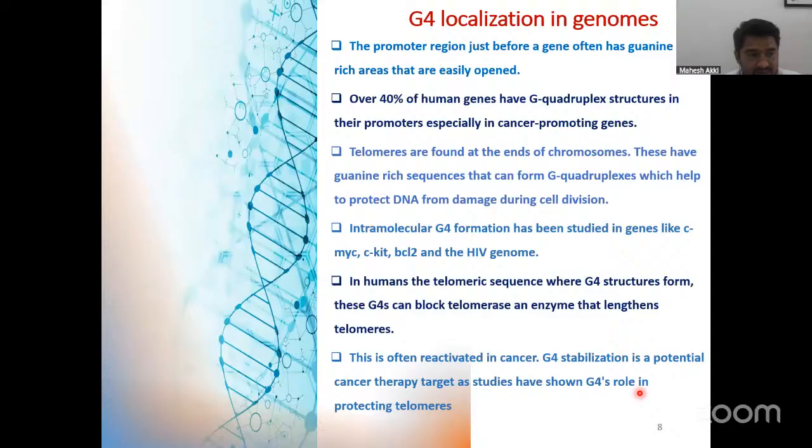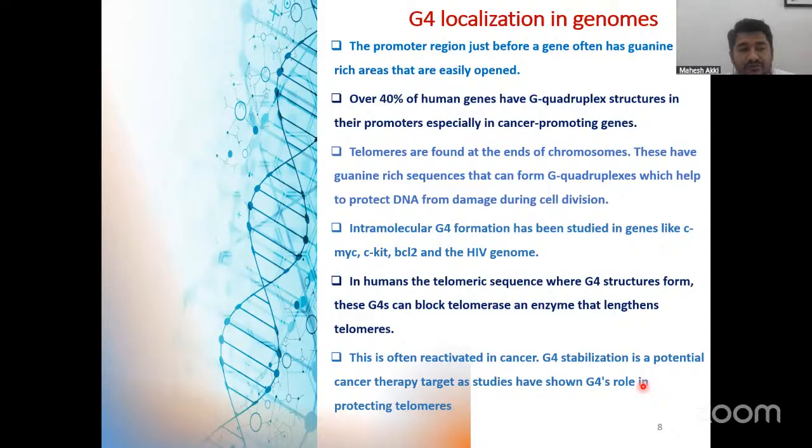G quadruplexes, G4s, are not randomly distributed in the genome. Instead, they tend to localize in biologically important regions where they play crucial regulatory roles. One of the most prominent sites is the promoter region, located just before the start of the gene.